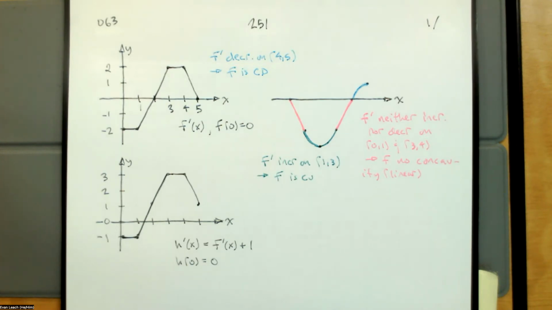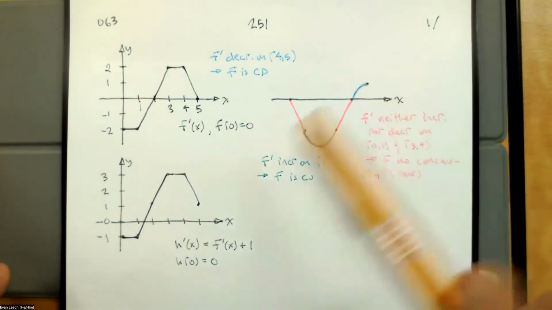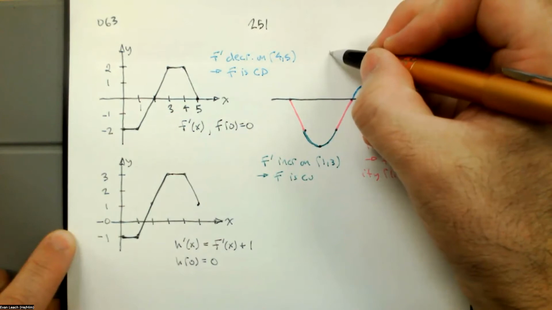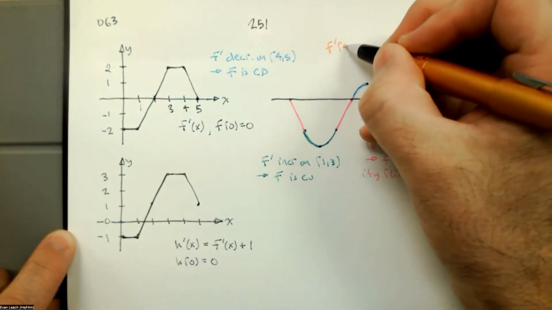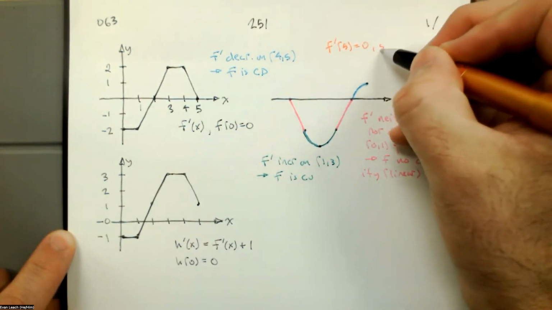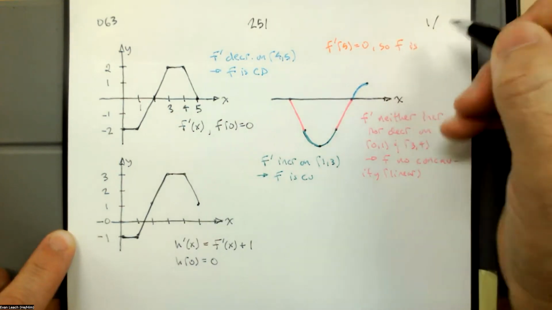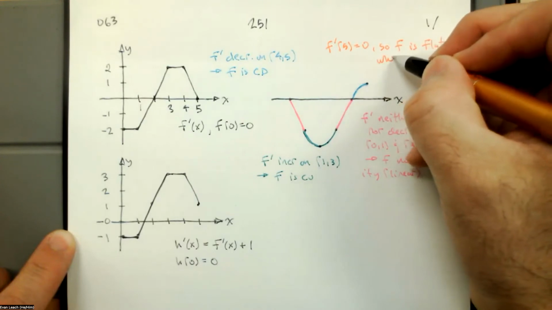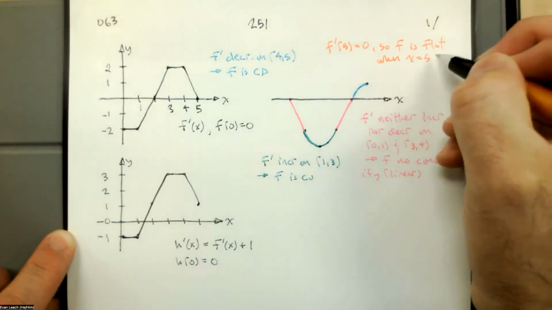Some additional details that we'll want to include to make our graph include as many details as possible: notice at the end when x is equal to 5, I drew the function flat. F prime of 5 is equal to 0, so f is flat when x equals 5.